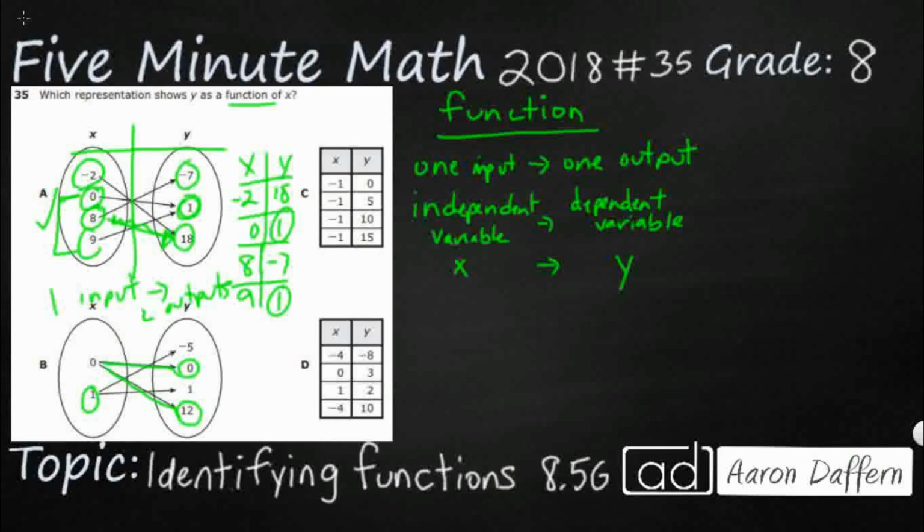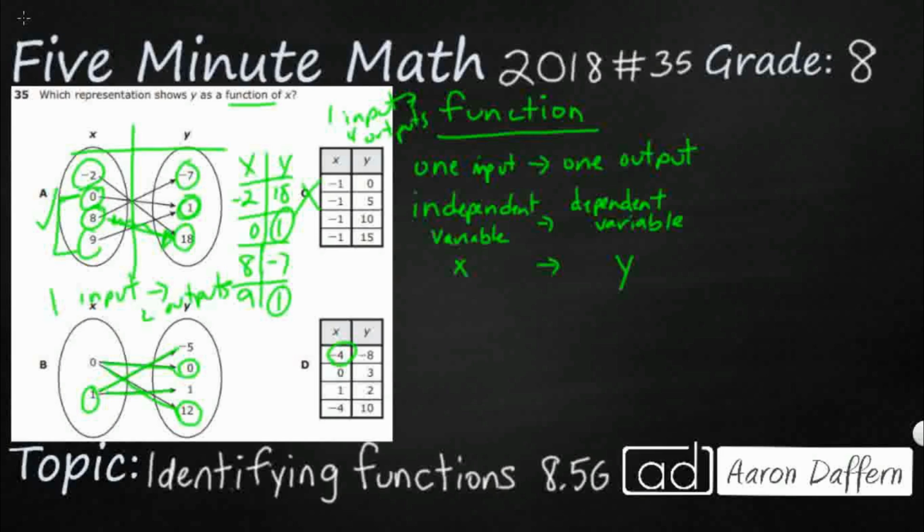Same with 1. 1 goes to -5 and 1. One input goes to 2 outputs. Not a function. C, we've got one input and it goes to 4 outputs, right? You've got 4 different y's associated with this -1. So that's definitely not going to work.